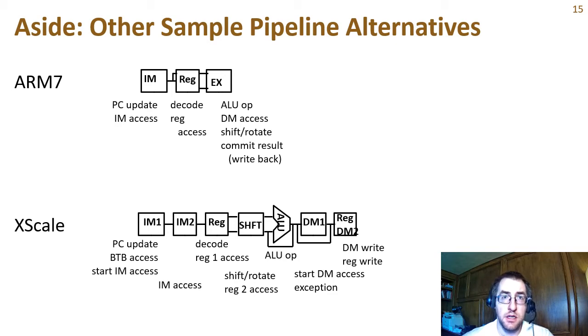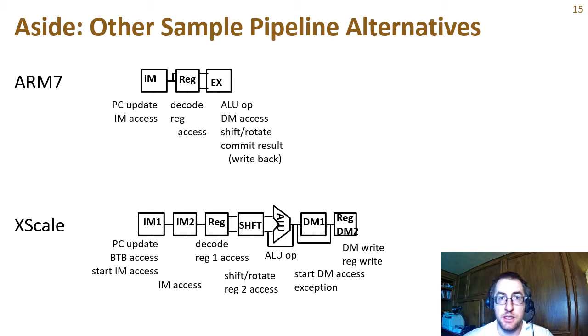Other kinds of pipelines may divide the instruction memory access into multiple cycles. So the X-scale processor here is shown with 7 stages. And so the instruction memory access here takes 2 stages. In the first stage, the program counter is read from, and you begin the instruction memory access, and you also query the branch prediction structures to decide if you should try to do a branch prediction.